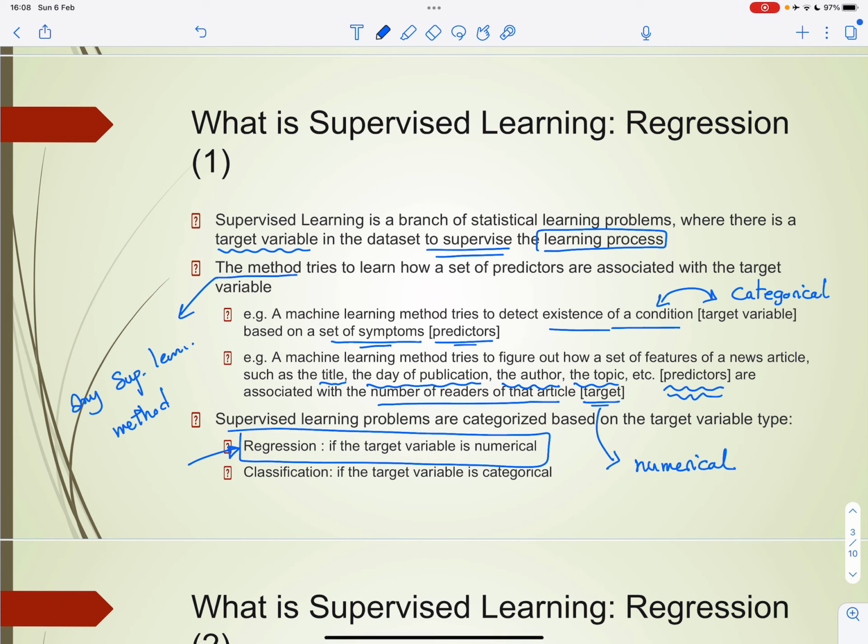And if the target variable is categorical, then we have a classification problem. So regression problem is the topic of this week's lectures. And regression problem is a problem in which the target variable is numerical. From the examples that I gave, the second one is an example of a supervised machine learning regression problem.